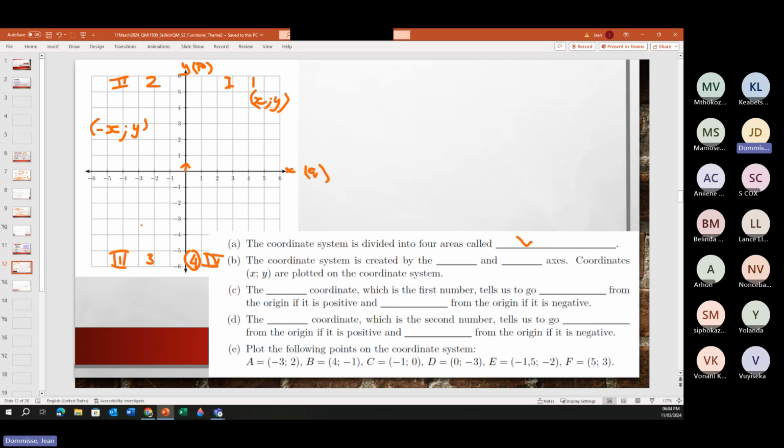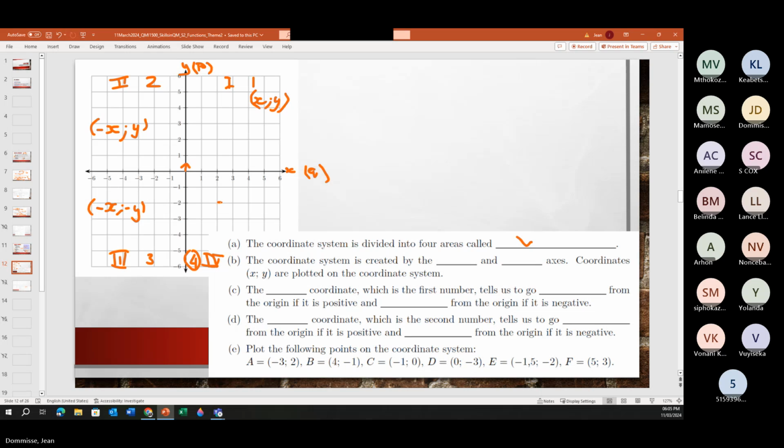Then quadrant 3, the X is negative and your Y is negative. And then in quadrant 4, your X is positive and your Y is negative.